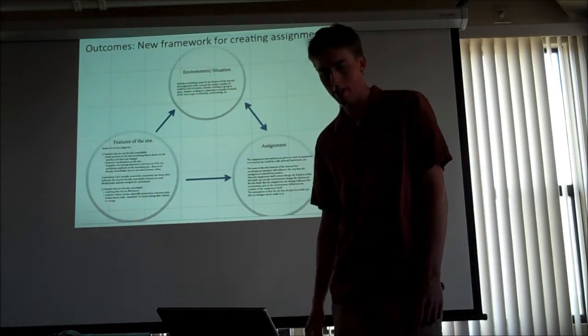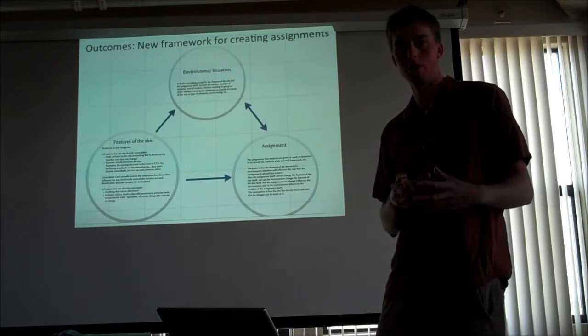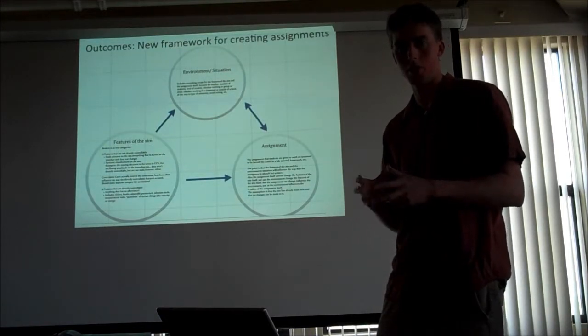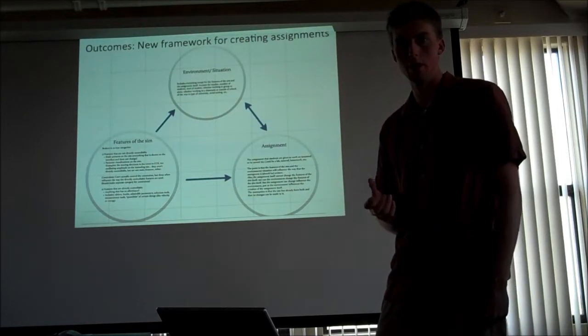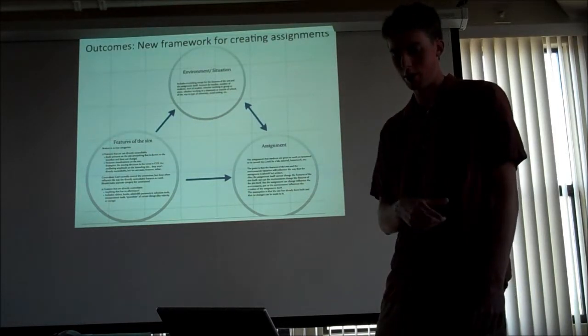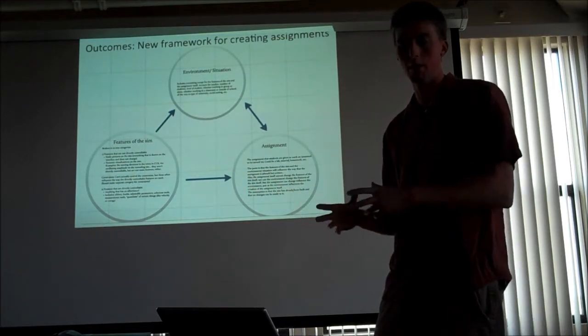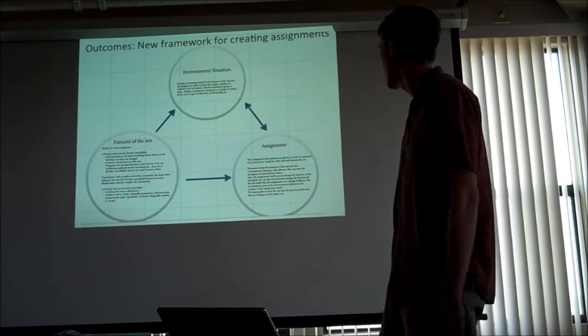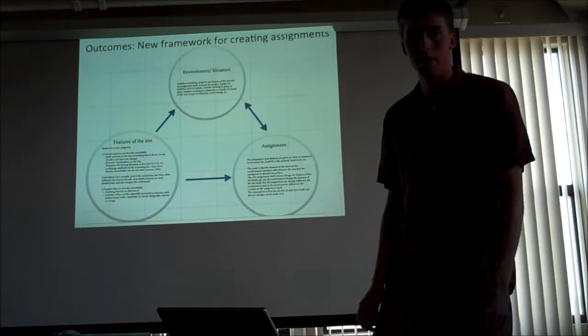The main idea is that the features of the sim are going to influence both the environment, so like what the student is doing, and maybe what questions the student asks of the teacher about the sim itself, and it's also influencing the assignment, or how you want to write the assignment.